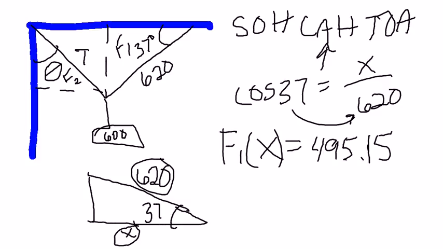Now that we found F1 of X, that'll work, but we're trying to find tension, which is the hypotenuse over here. So we really want F2 of X, but like I said before, F1 is equal to F2, whether it's X or Y. So F2 of X is also going to be equal to 495.15.